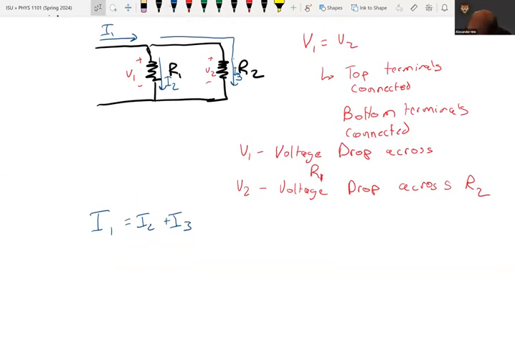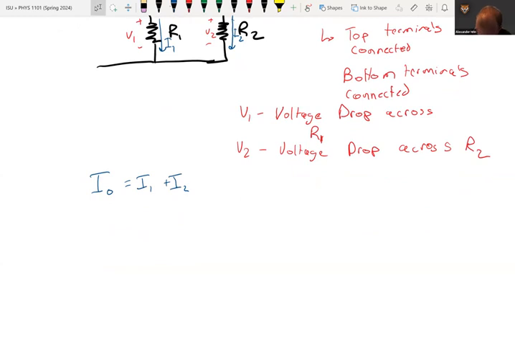Okay, this is fine. What we can do now is look at these different voltages. Sorry, I'm going to change these just to match the resistor number. So I'll call them I0, I1, I2.